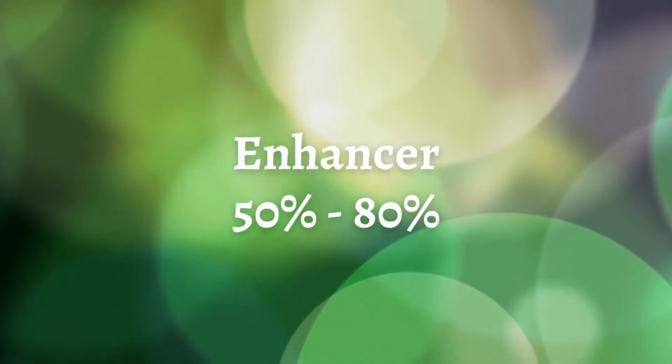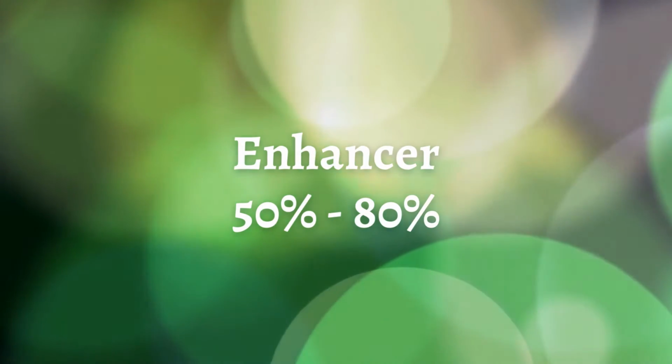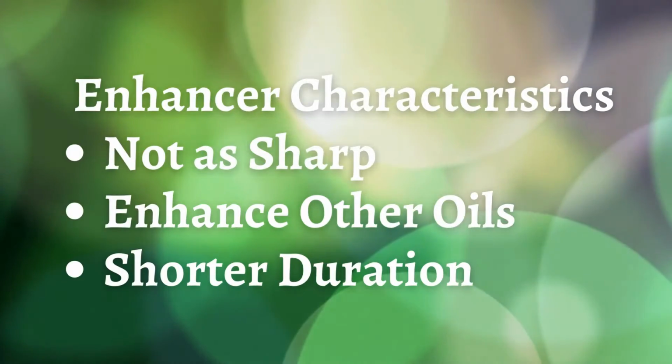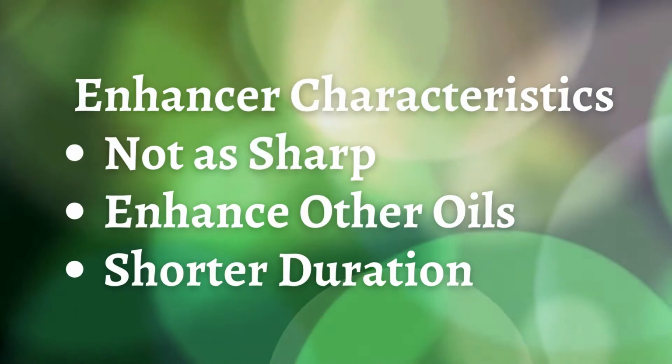Now, the enhancer is a 50 to 80% percentage of the blend. Now, these oils are predominant and they serve to enhance the properties of the other oils in the blend. And so the fragrances are not as sharp as those in the first group and are usually of shorter duration.